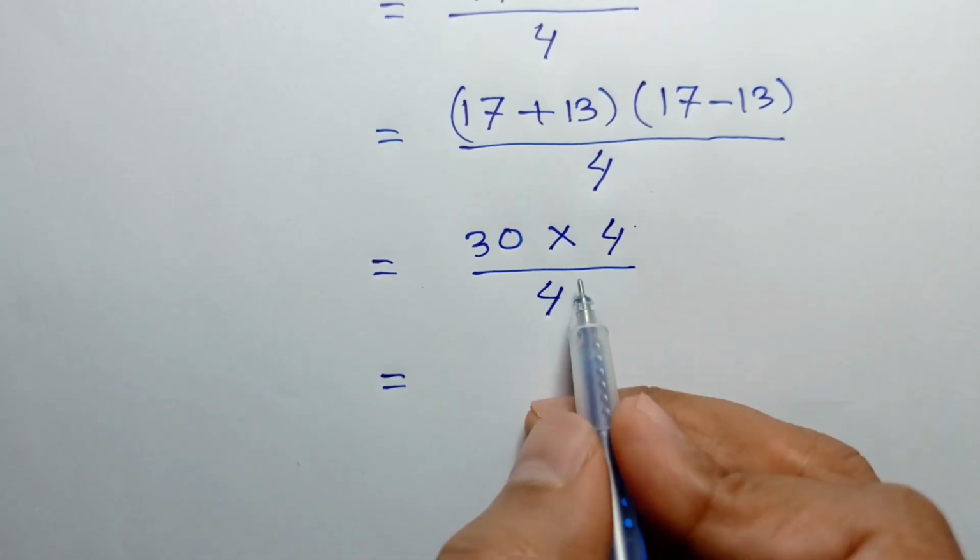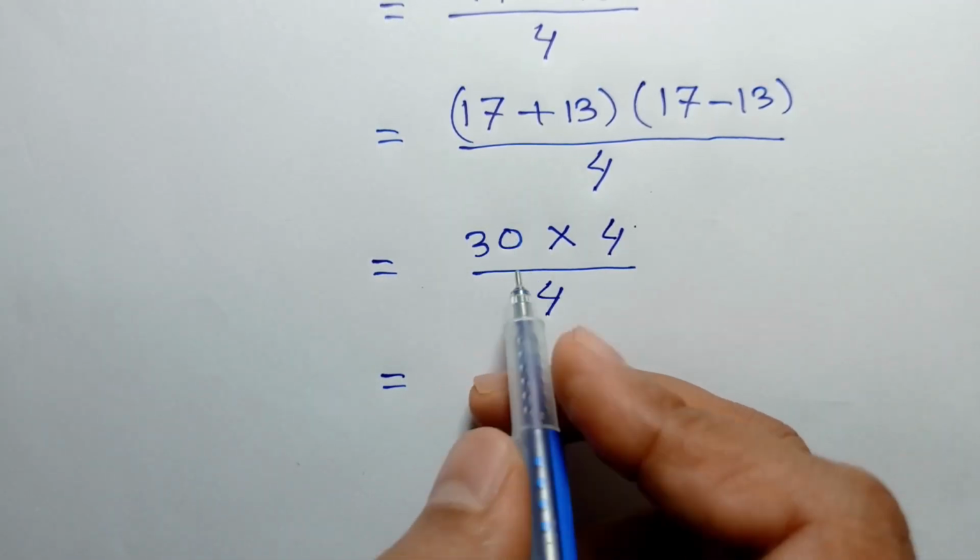This 4 and 4 will cancel out, so it will remain 30.